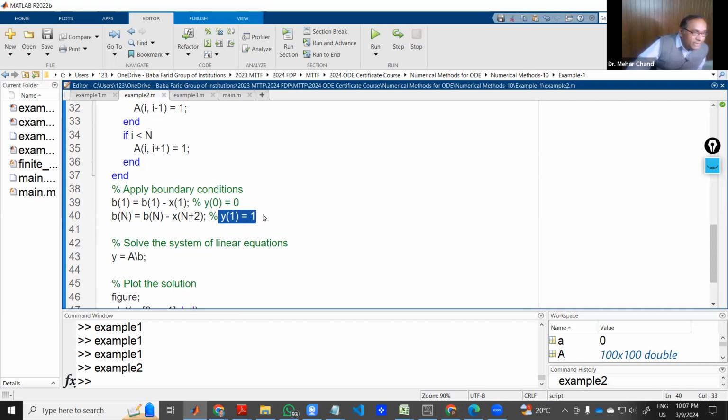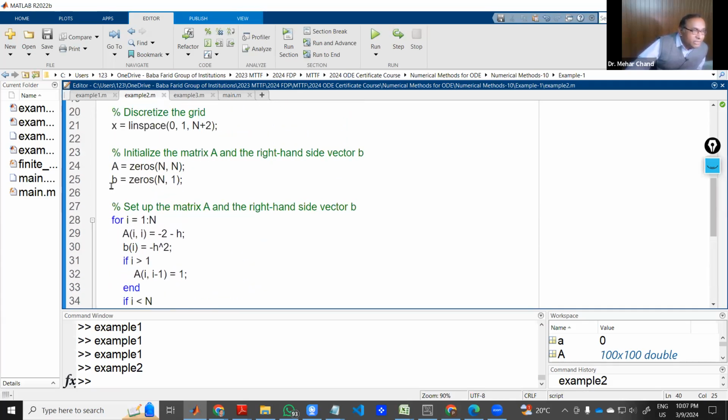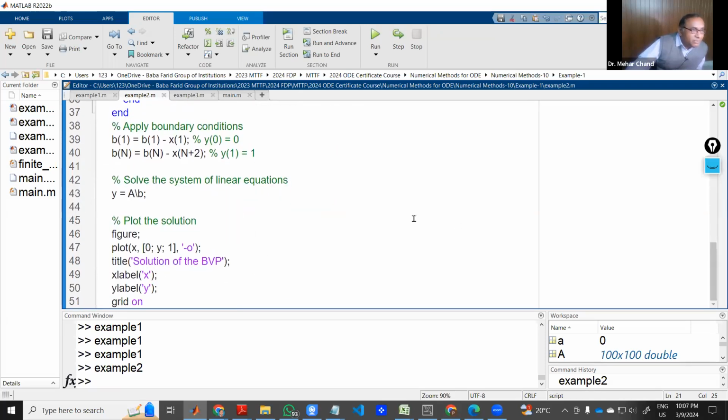The last value of B is n, and for x we have index n plus 2. We divide x from 0 to 1 in n plus 2 points. That's why x will have n plus 2 at this place. Is it clear now?